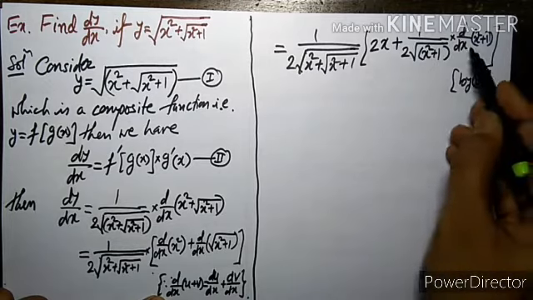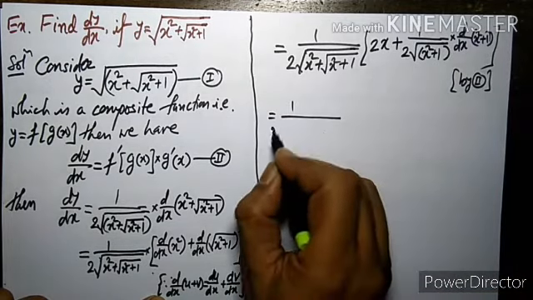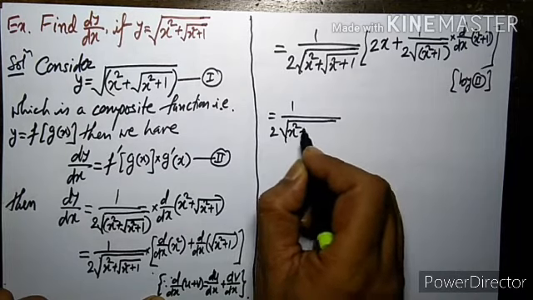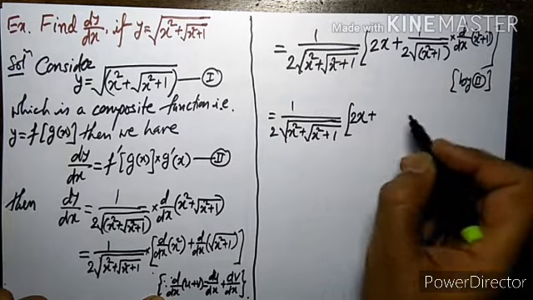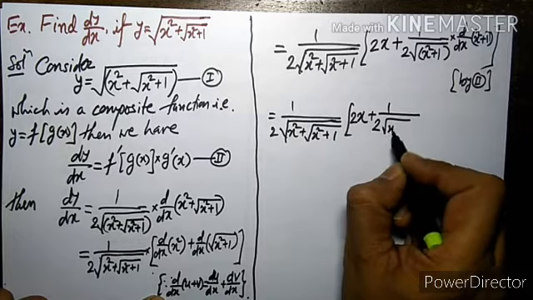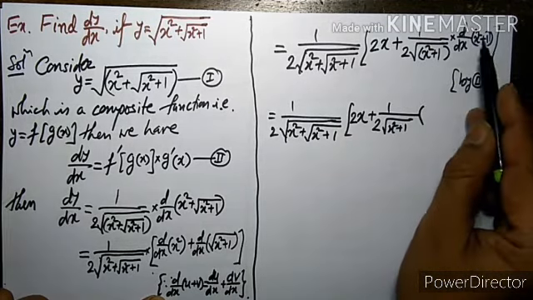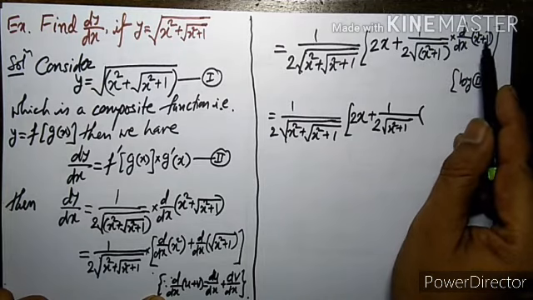Just we will go for derivative of this part only. So this is 1 upon 2 inside the square root x square plus root of x square plus 1 into 2x plus 1 upon 2 into root of x square plus 1, and now inside this bracket derivative of x square plus 1, again go for derivative of sum equal to sum of derivatives here.